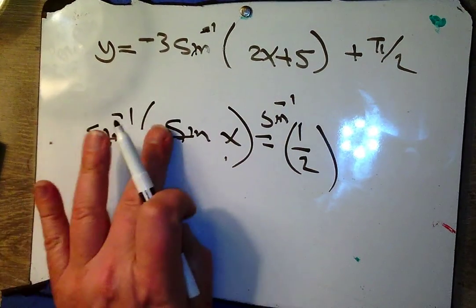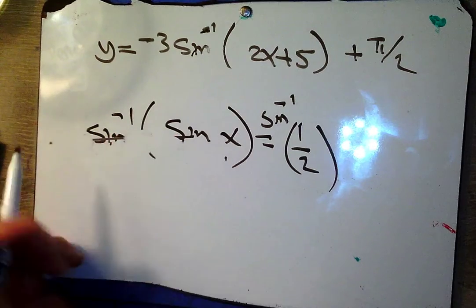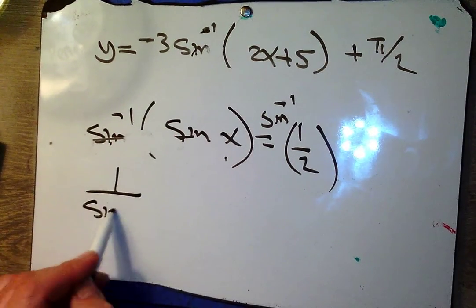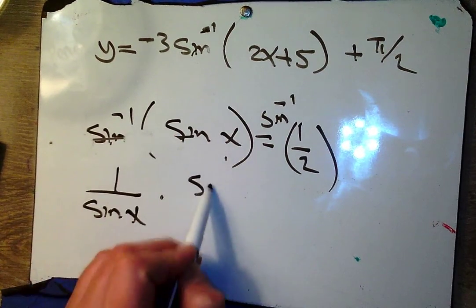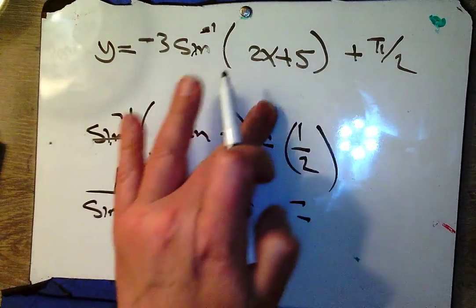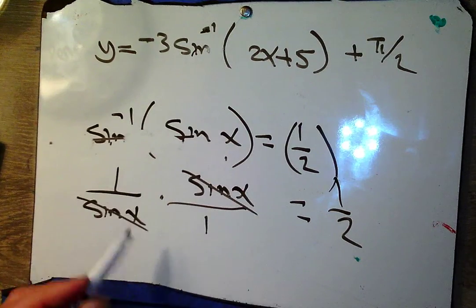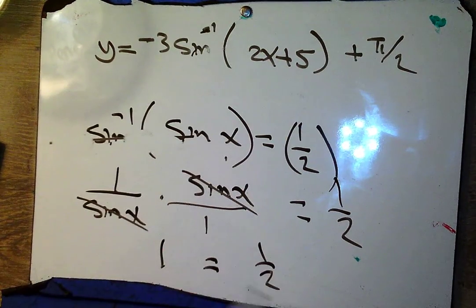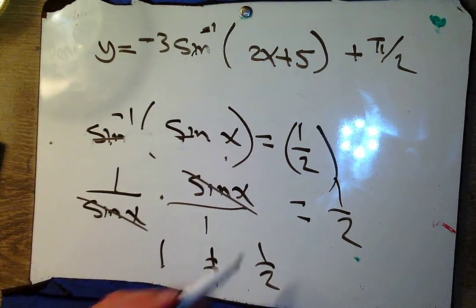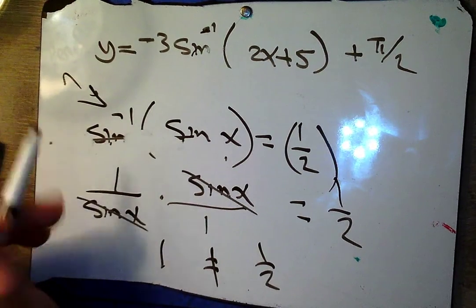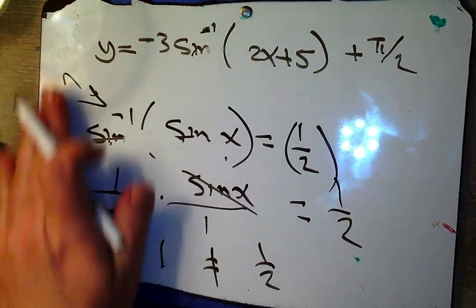Now, let's imagine we're under the misapprehension that this is 1 over sine x times sine x, and on the other side, we have 1/2. Well, look, sine divided by sine is 1, and 1 does not equal 1/2. So no, this is not the reciprocal of sine. That does not work. Okay?